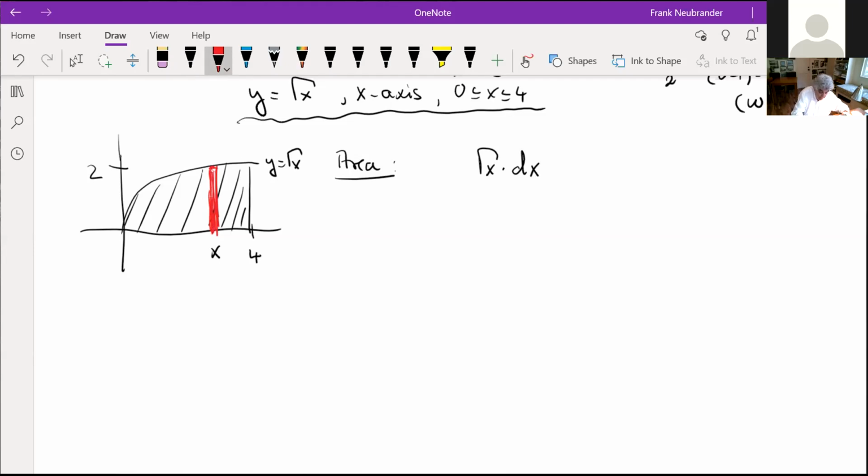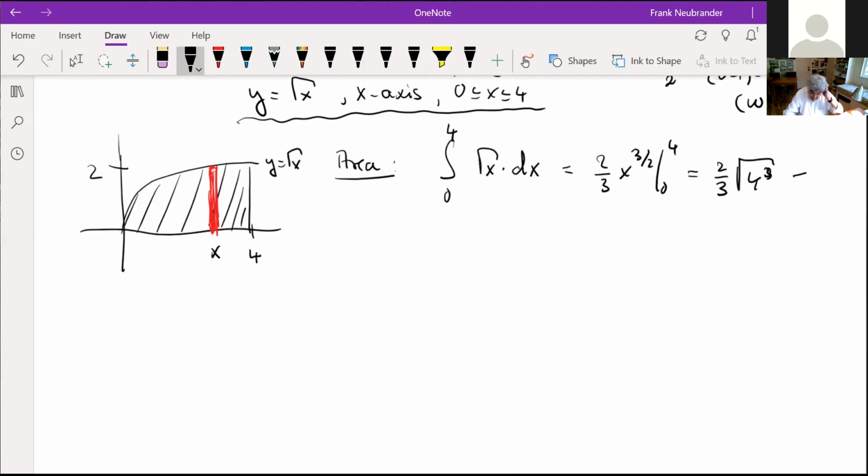And if you do this for all x between 0 and 4, that gives you the total area. It's x to the 1/2. The antiderivative is 2/3 x to the 3/2, where you plug in 0 and 4. So it will be 2/3 times the square root of 4 to the 3. Square root of 4 to the 3 is 8, so it is 16 over 3.